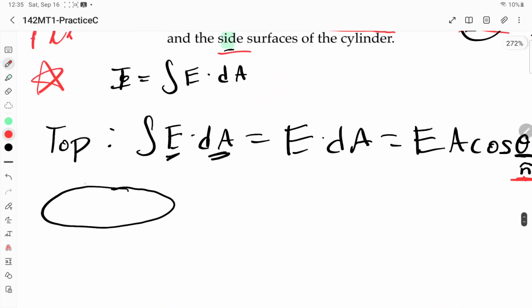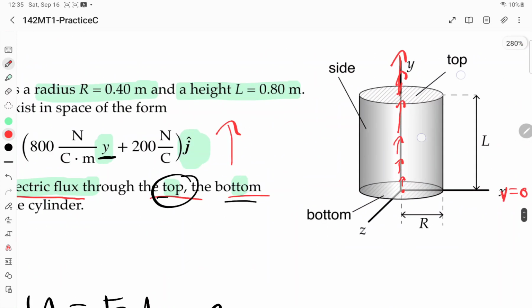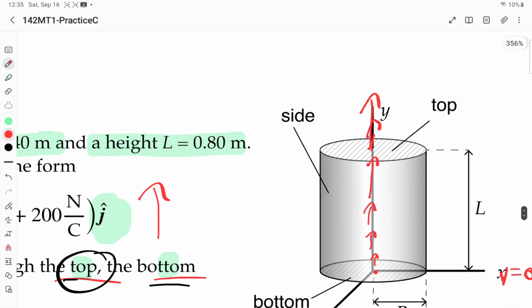So if you look at this shape, we want the normal direction of area, which is here. Another very common question I get is, normal means perpendicular, so it could be this is perpendicular, but also this is perpendicular.